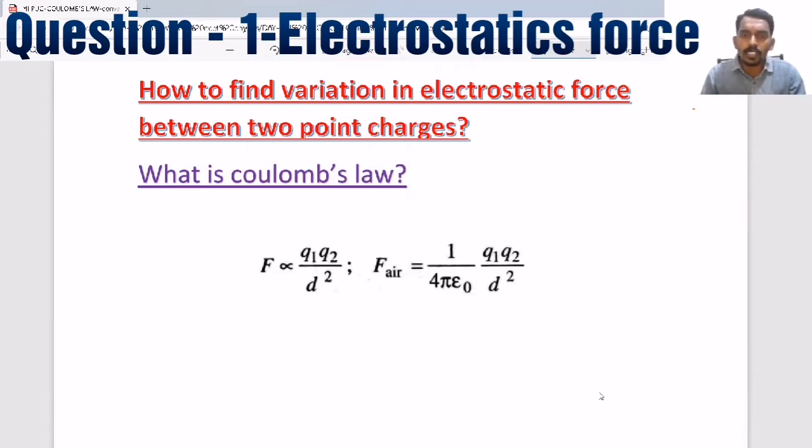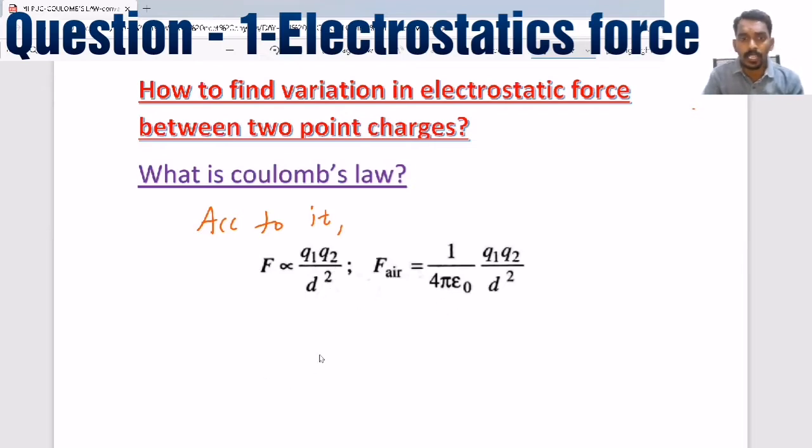That is, what is the electrostatic force between 2 point charges situated at two fixed positions separated by a distance d. That is what we call Coulomb's law, or electrostatic force. According to it, the force is proportional to the product of charges and inversely proportional to the square of the distance.